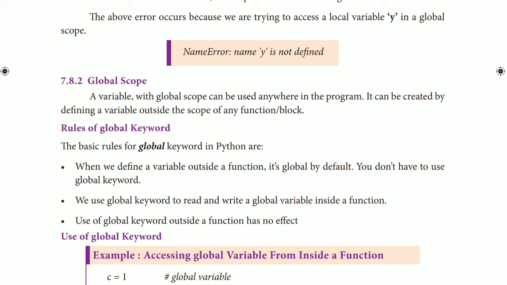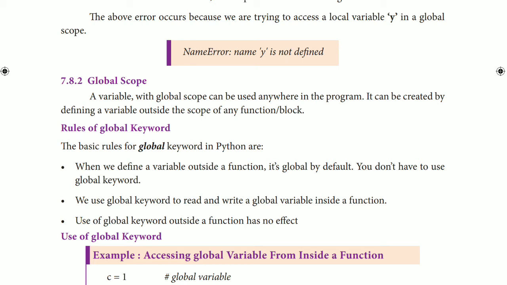You don't even have to use the global keyword. So before all the functions, if you create a variable with some value, then that variable is global even when you don't use this global keyword.